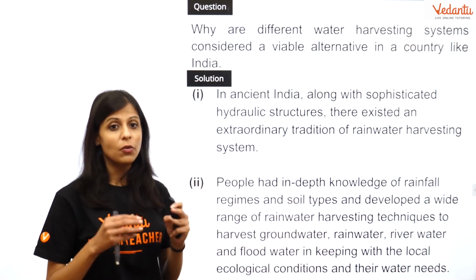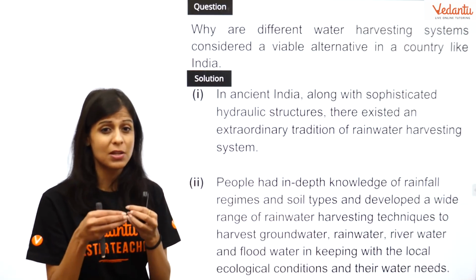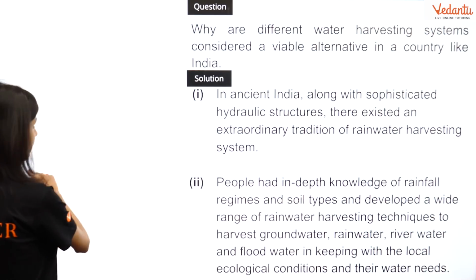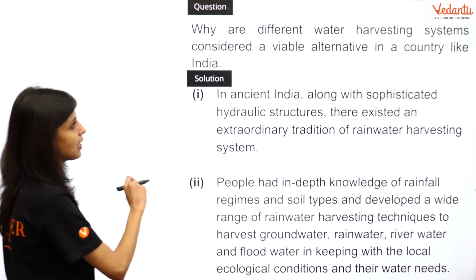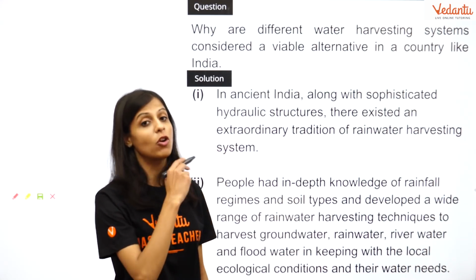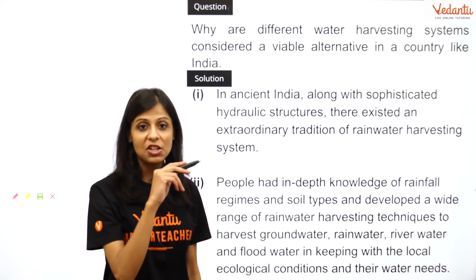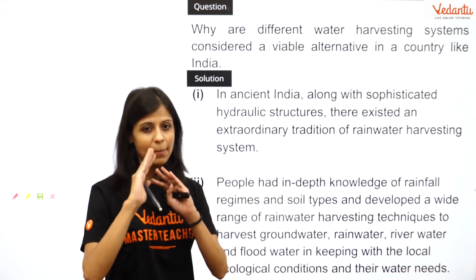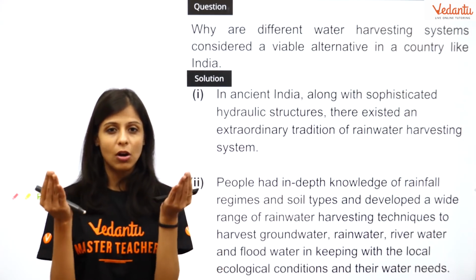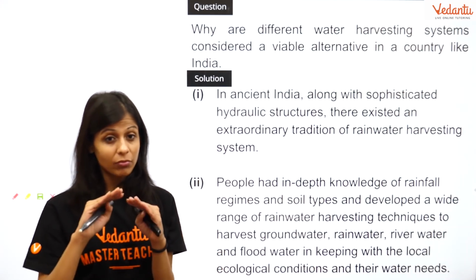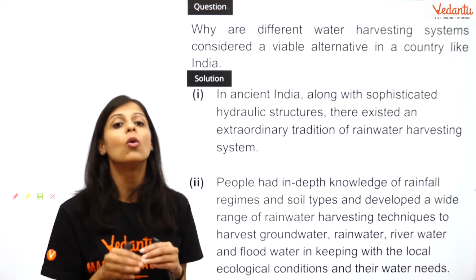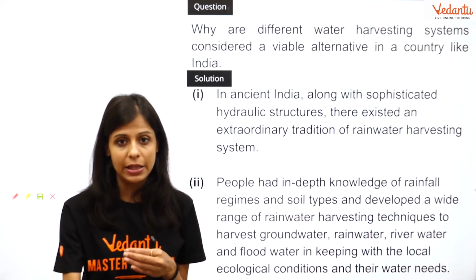So like I told you, this concept is not very new. So you'll put the introduction, right? The water harvesting techniques are not very new to the country. They've been followed since ages. From very early times, we have had hydraulic structures where we used to store water, we used to conserve water to serve our needs in the future.